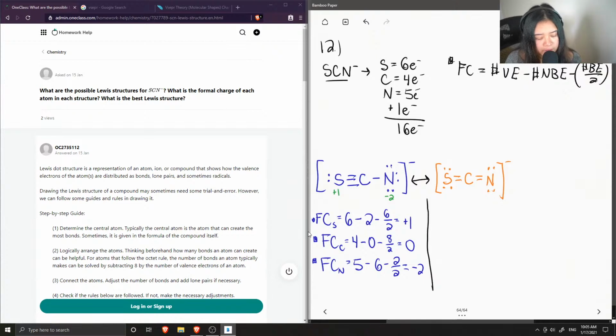I'm only going to do the formal charge for sulfur and nitrogen, since I already know for carbon it's just going to be 0.